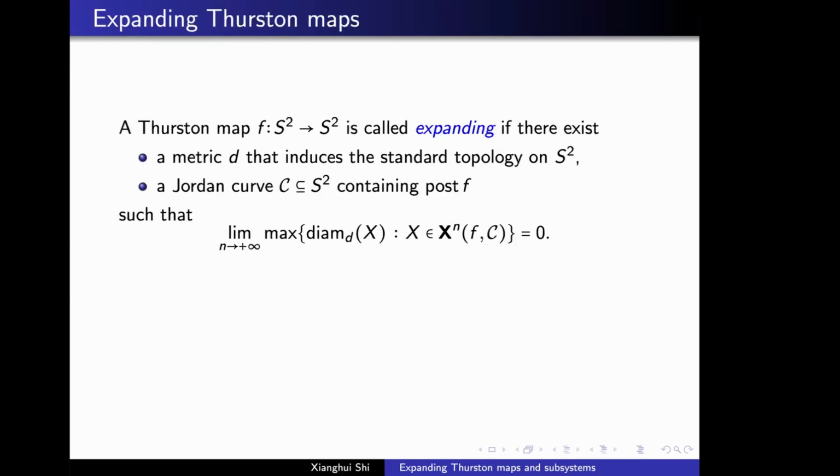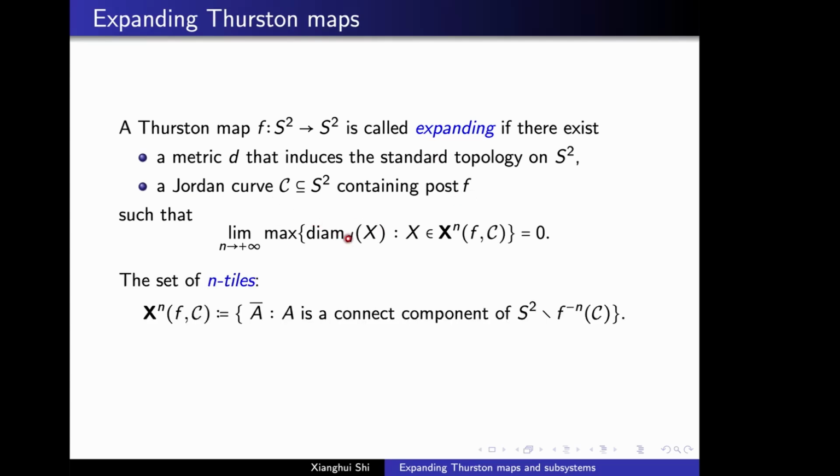Okay, next, we define the notion of expansion for a Thurston map. A Thurston map F is called expanding if there exist, first, a metric d that induces the standard topology on the sphere, and second, a Jordan curve C containing the post-critical set, such that the diameter of n-tiles shrinks to 0 as n tends to infinity.